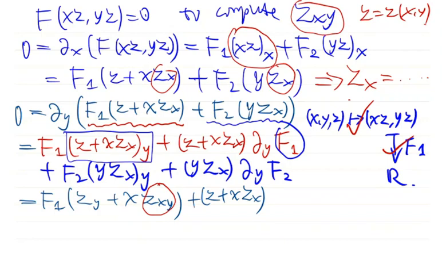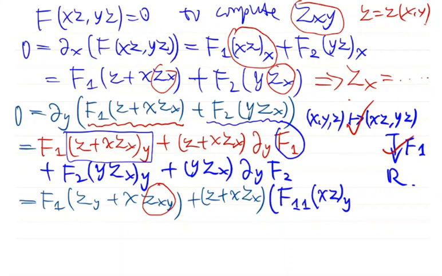Okay? Apply the chain rule. The derivative of f1 with respect to y would be the derivative of f1 with respect to its first variable, which we denote by f11, then the derivative of the first variable, xz, with respect to y.